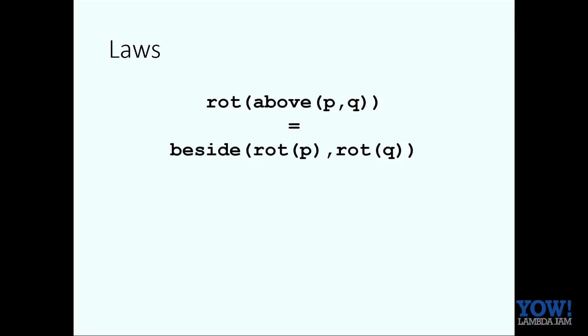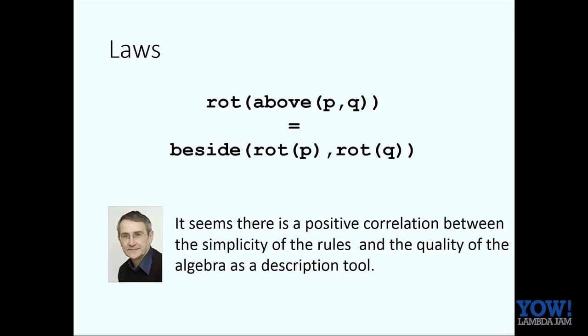Why did he do that? He says in the paper, it seems there's a positive correlation between the simplicity of the rules and the quality of the algebra as a description tool. In other words, he's saying, finding definitions for these operations that satisfied good laws, that's how he knew that his design was right.